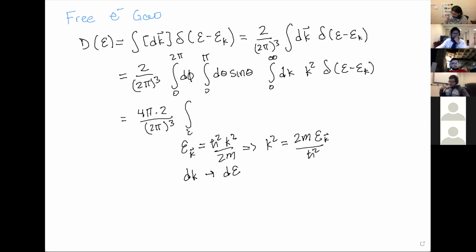And again, this one goes from 0 to infinity, because if you go from 0 to infinity in k, you're also going from 0 to infinity in E, right? And then I'm gonna do this one. And then on the bottom is the absolute value of dE over dk. So with that, then I have the k squared.